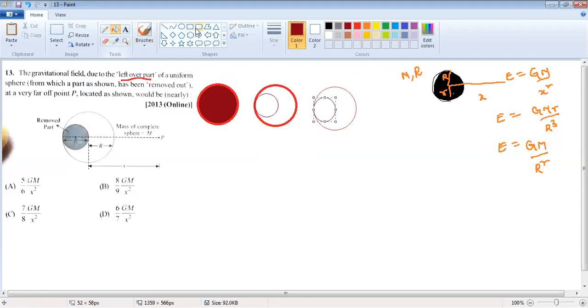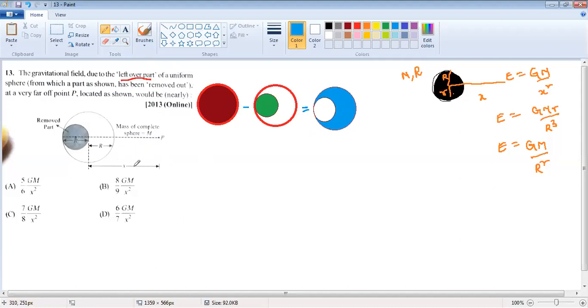So look at here, this part is removed and this part is remaining. So now we can obtain it by using this. Otherwise, we can get this minus this. So from this, we have to find the field at this point.